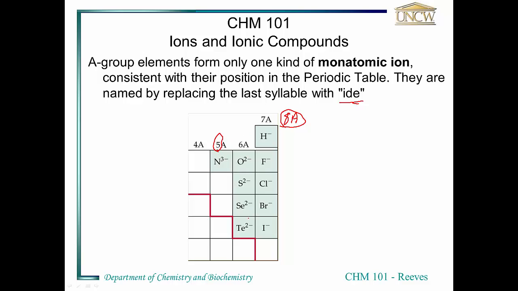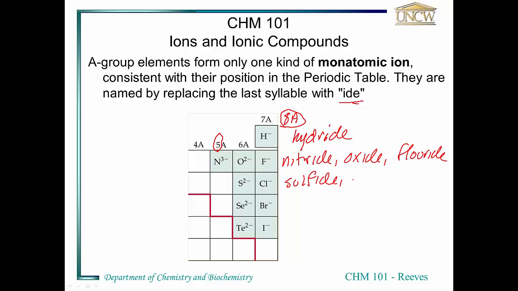Anything in column 6A will form a -2 anion. Anything in 7A forms -1, and we call it IDE. So this is hydride. These are nitride, oxide, and fluoride. These are sulfide and chloride.